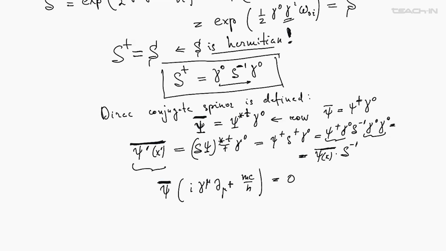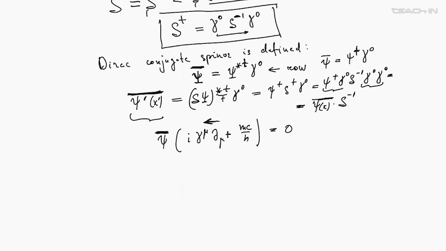And sometimes, in order to emphasize this fact that d mu acts to the left, but this is obvious because there is nothing on the right to act, so it must act to the left, this is indicated by putting an arrow indicating to where this derivative acts. So this is the Dirac equation for the Dirac conjugate spinor, the equation which this Dirac conjugate spinor satisfies.